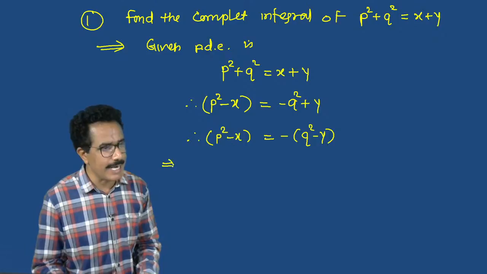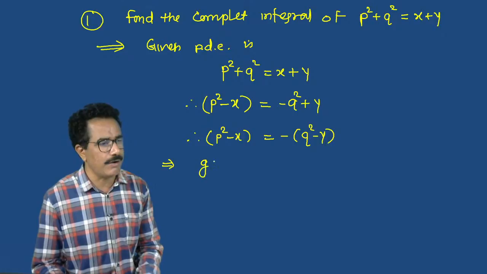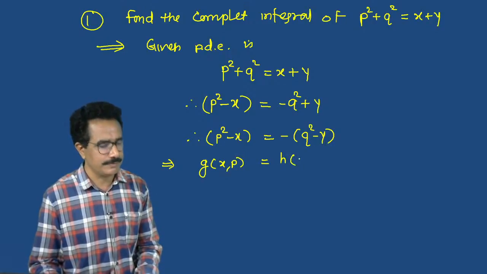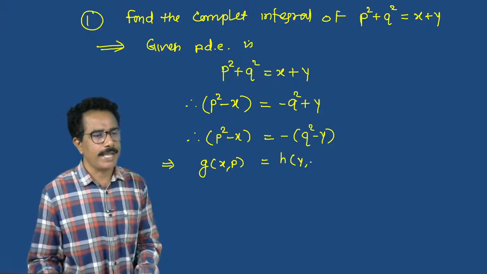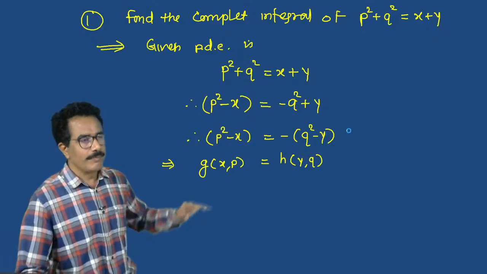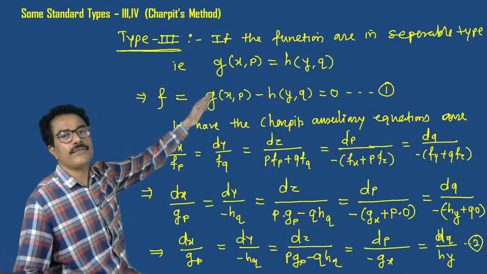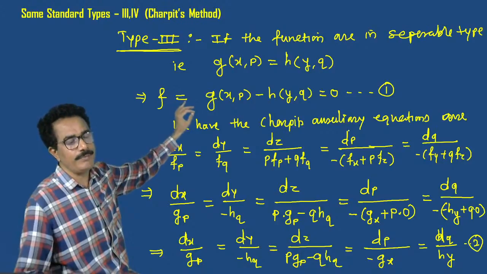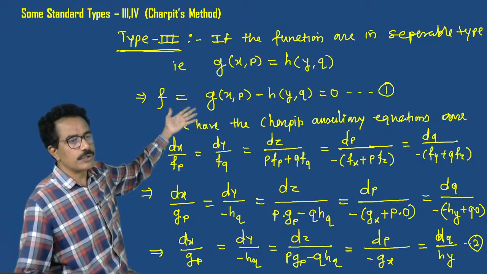This implies that it is g of x comma p, which is equal to h of y comma q. This is the separable variable separation form, having the absence of a z term. So how to solve this?